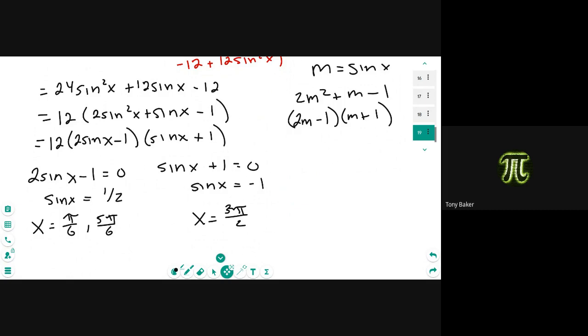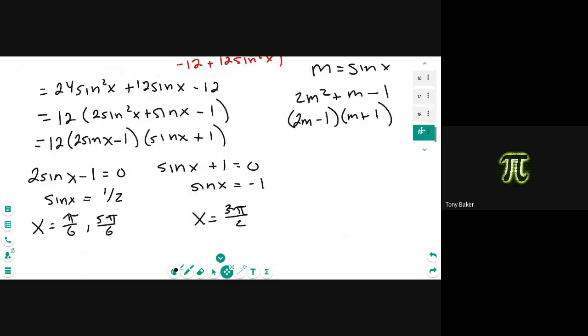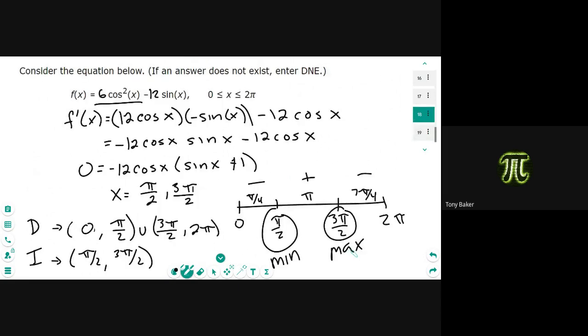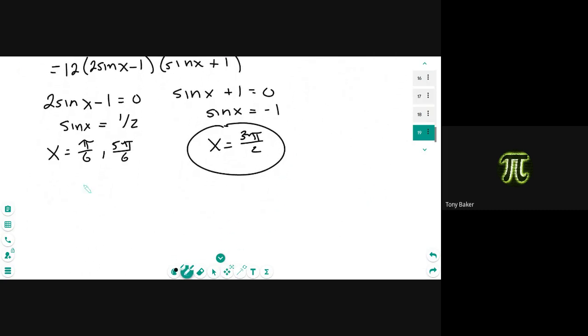This 3 pi over 2 is a maximum value, so it can't be an inflection point. Does that make sense? That one is a maximum, so it can't also be an inflection point. So we have pi over 6 and 5 pi over 6. Those two points, we have to plug back into the original problem to find the actual answer.